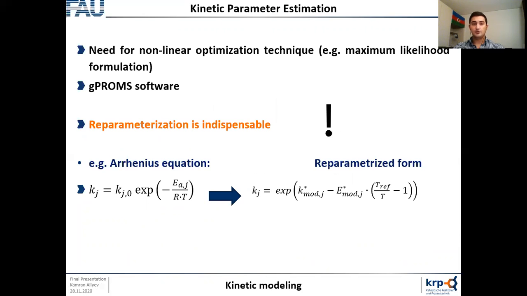In my study, I was using gPROMS software, but one could also use other modelers. It's also important to note that before rewriting all those equations in the software, it's important to reparameterize the equations to reduce their nonlinearity. And here I provide the example of reparameterization of the well-known Arrhenius equation. So it was reparameterized in the given way.